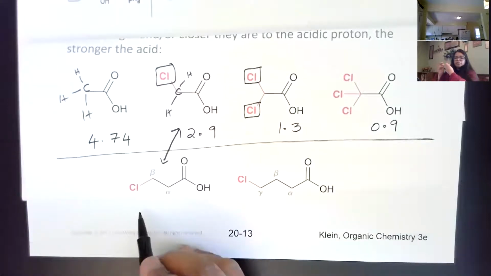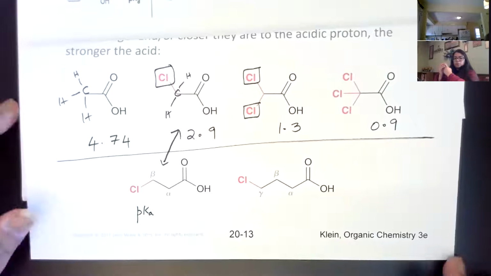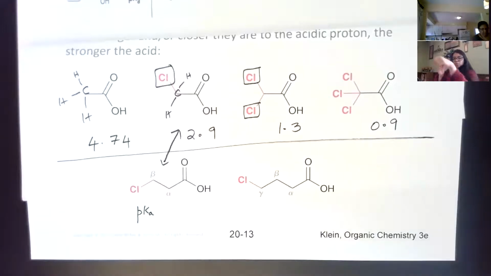Will this pKa be higher or lower than 2.9? It will be higher. What does higher mean? More acidic or less acidic? Less. So, lower the pKa, Adele. Lower the pKa.